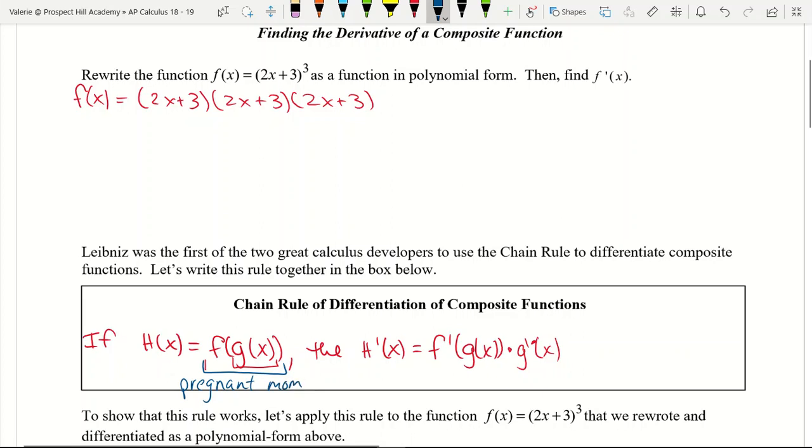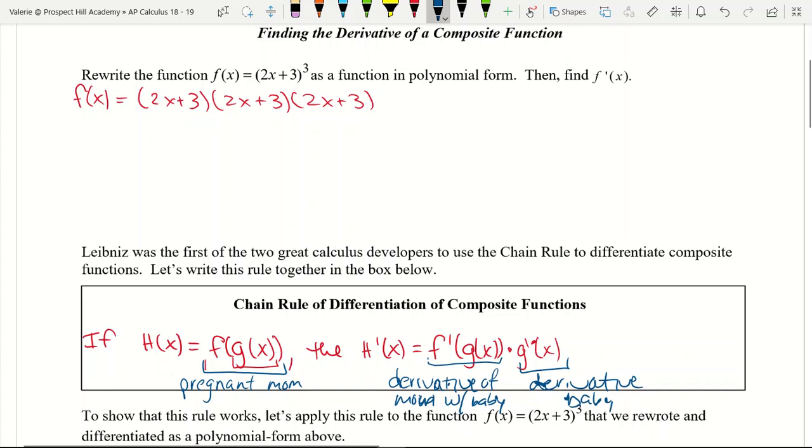If you have a pregnant mom, then the derivative of that pregnant mom is the derivative of mom with baby times the derivative of the baby.